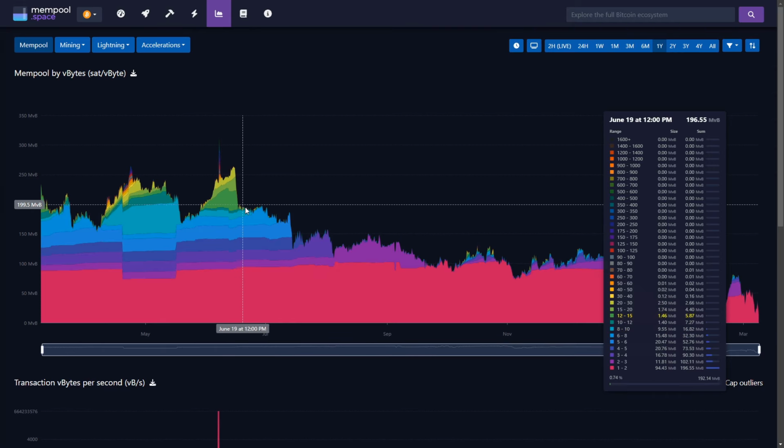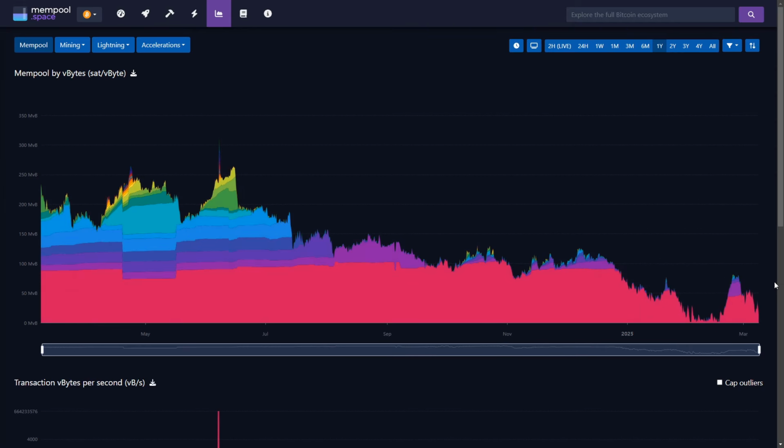And I think they have taken a lot of the fees away from the network. I think a lot of people are buying Bitcoin through the ETFs now. And that is lowering the overall fees on the network, which I don't think is a great thing.